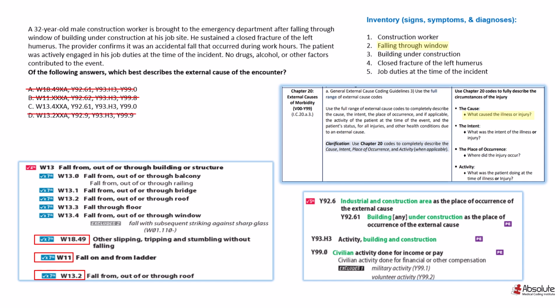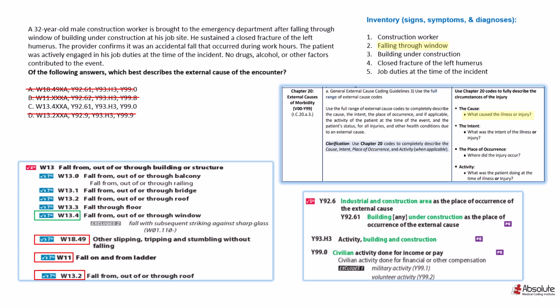So option D is incorrect as well. And we have arrived at the correct answer, by the way. That would be W13.4XXA, which is for fall from or out of or through the window. So we have already arrived at the correct answer, but still, let's go ahead and look into the other ICD codes.